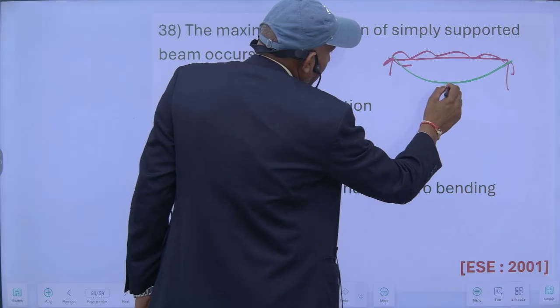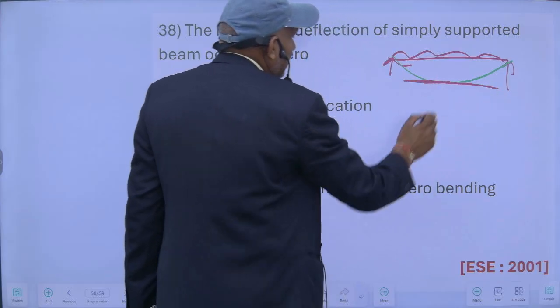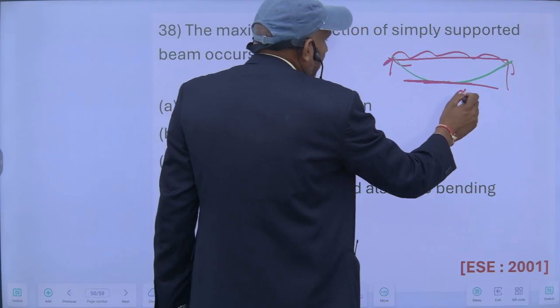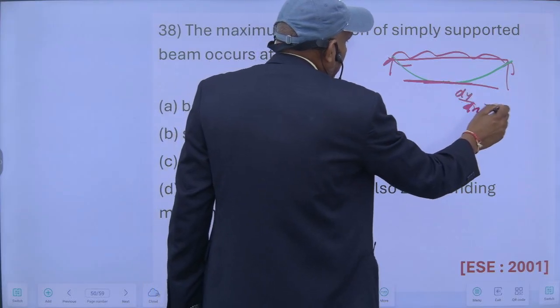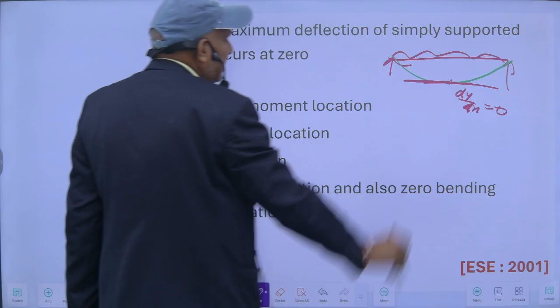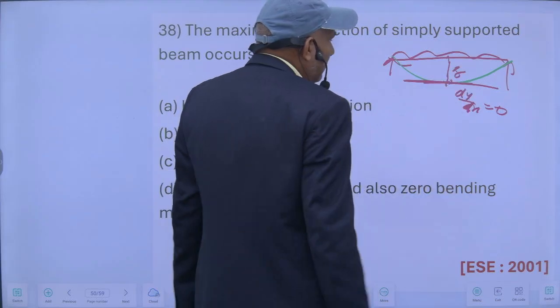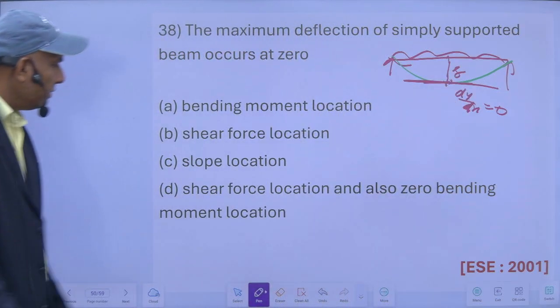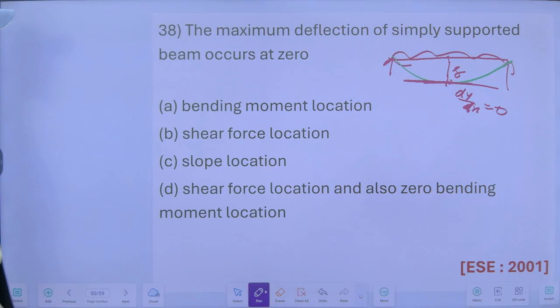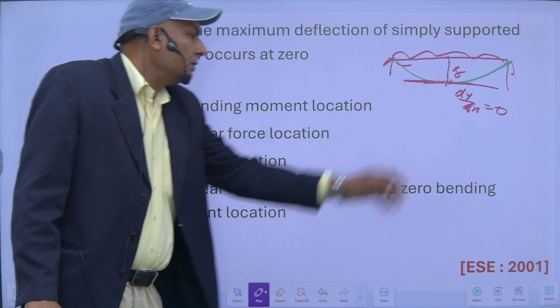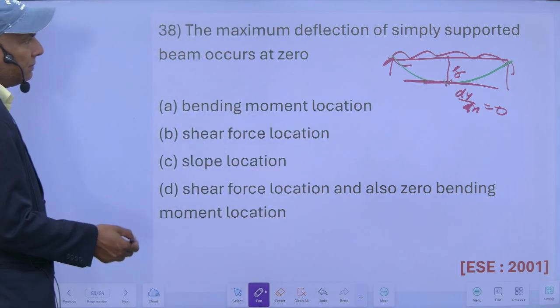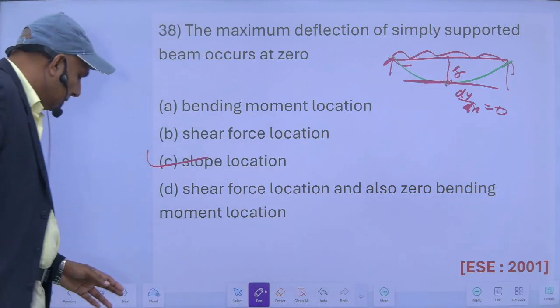So my slope at this point is horizontal, so theta, dy upon dx, the slope is 0 here. So where the slope is 0, my deflection will be maximum. So it will be the slope location, and this is the right answer.